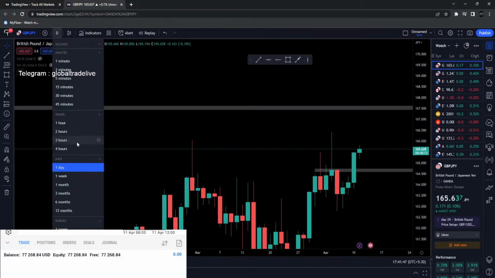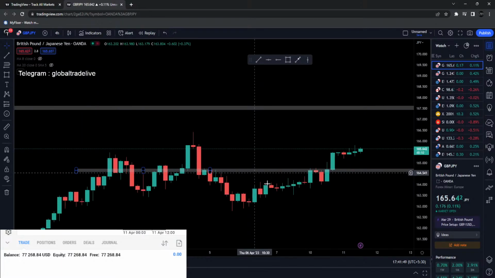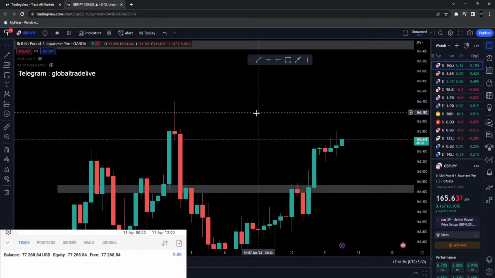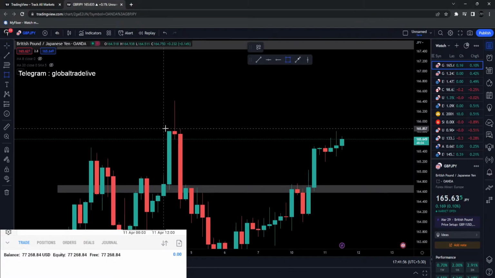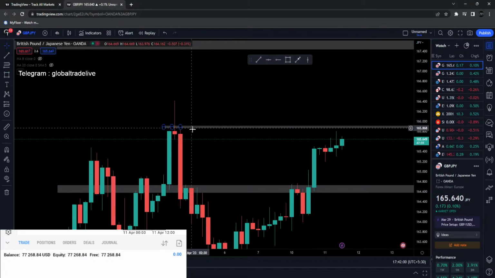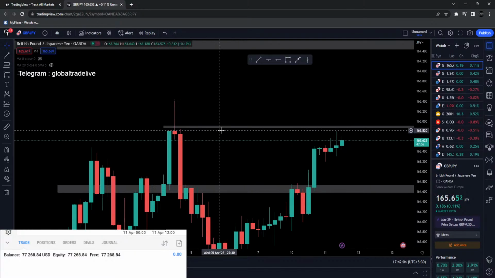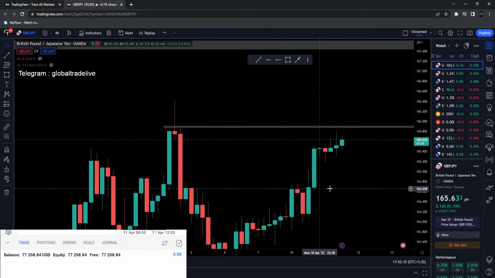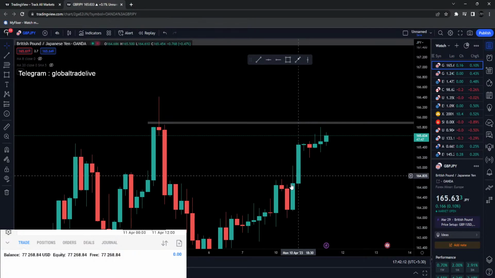On the 4-hour time frame after the daily, it gives us a nice idea that the market can possibly go up to this level maybe, just to fill the wick, and this is the strong resistance over here. So I think possibly the market can go up to this level. The market is now moving up, creating higher highs and higher lows.